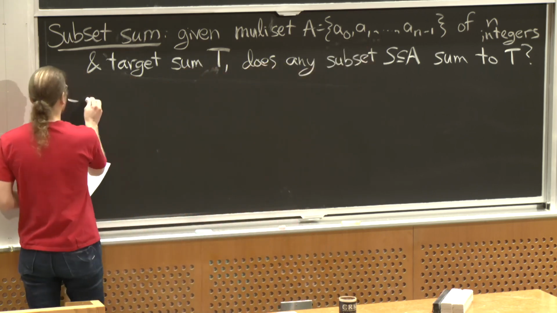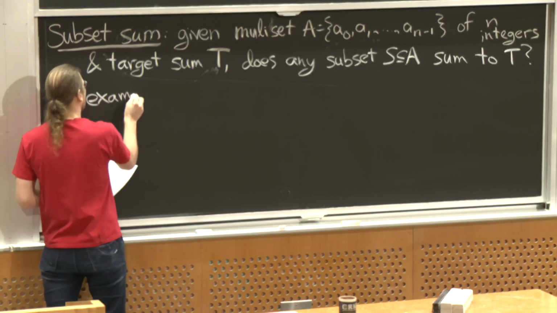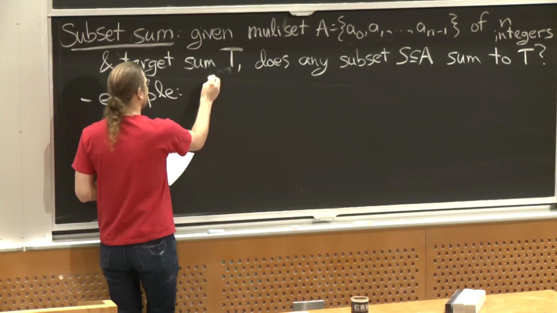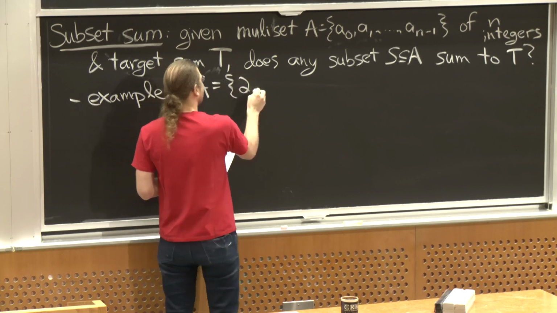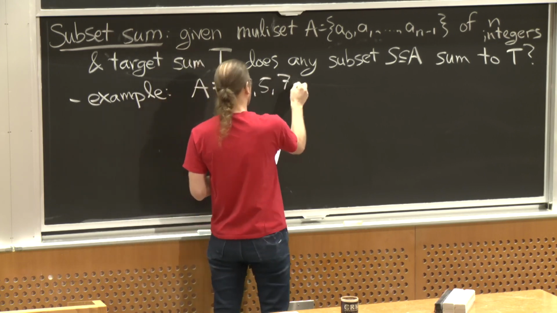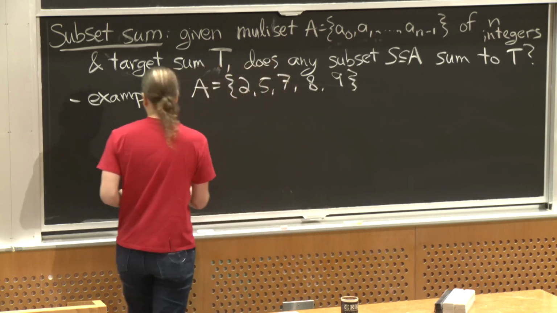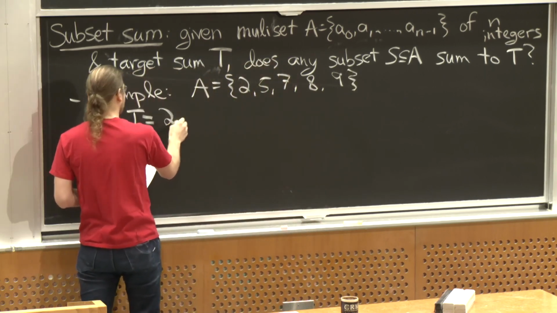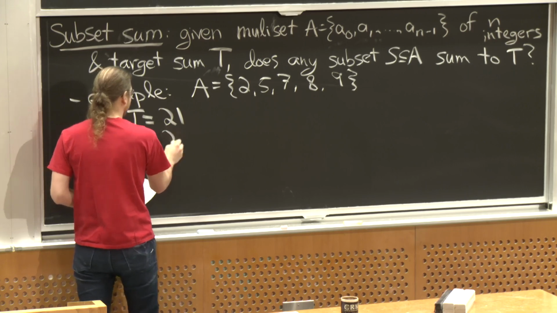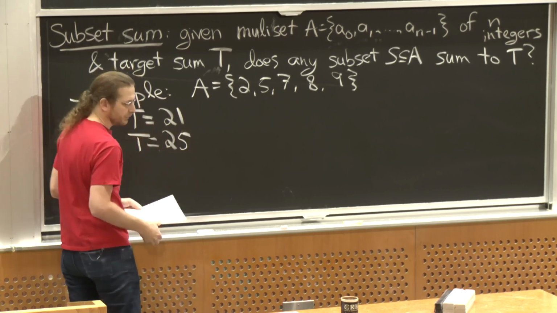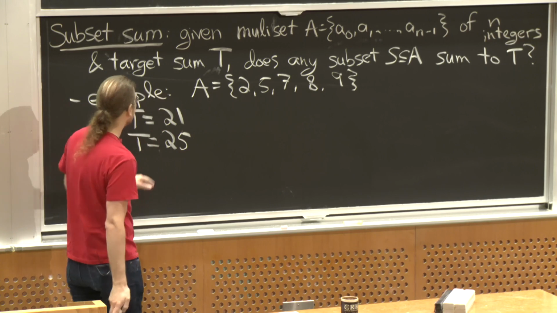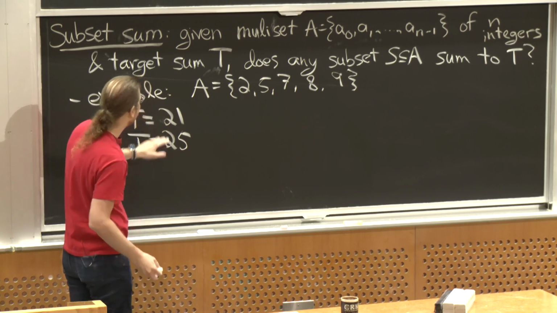OK, so here's an example. Say A equals 2, 5, 7, 8, 9. And my two examples are T equals 21 and T equals 25 for that same set. So can I get 21 out of these?